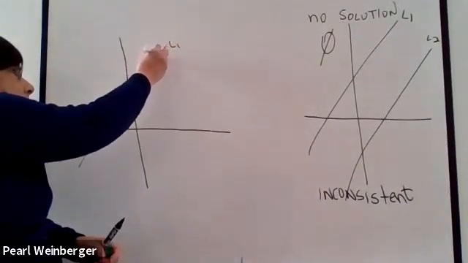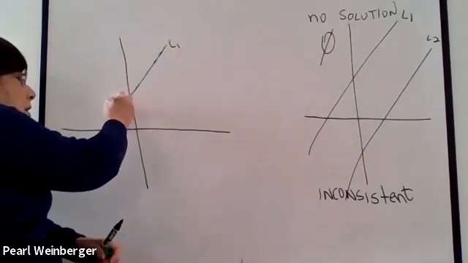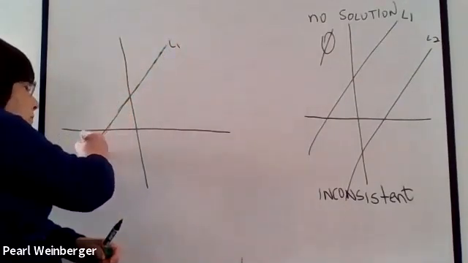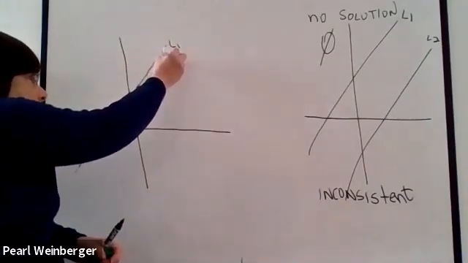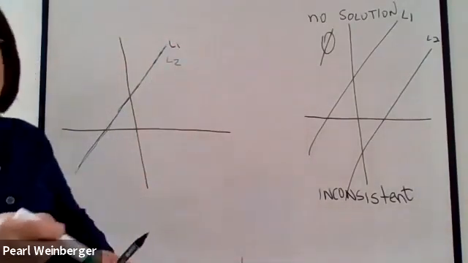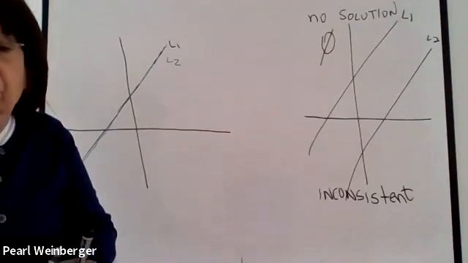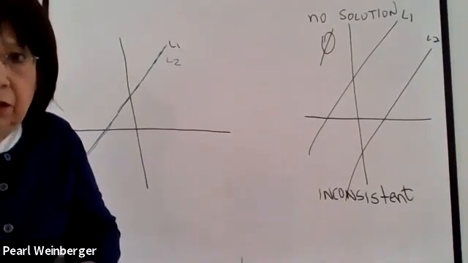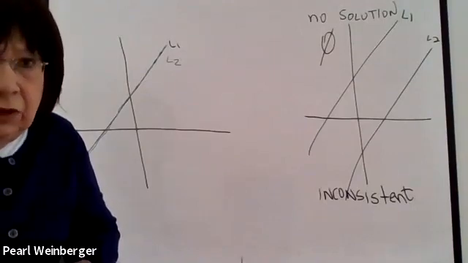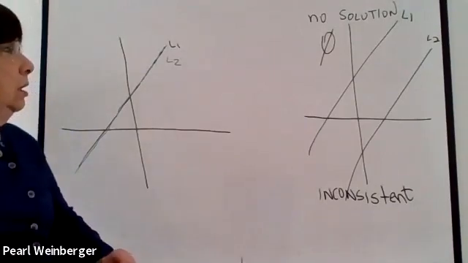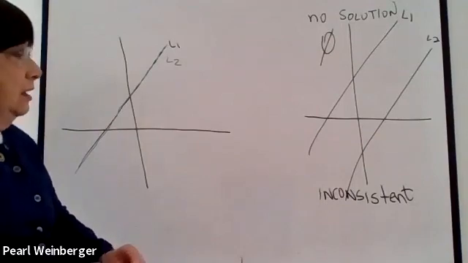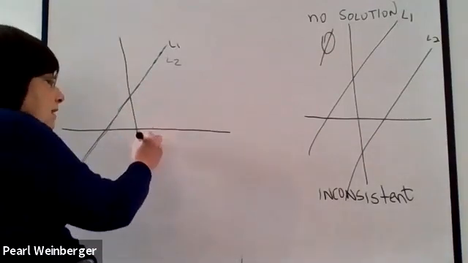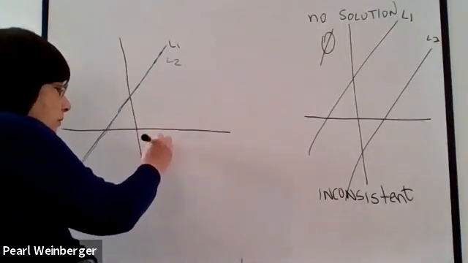And it turns out when I draw line 2, it comes out right on top of line 1. In other words, line 1 and line 2, even though they didn't look exactly alike to start out with, turned out to be exactly the same line. In that case, this is called a dependent system of equations.